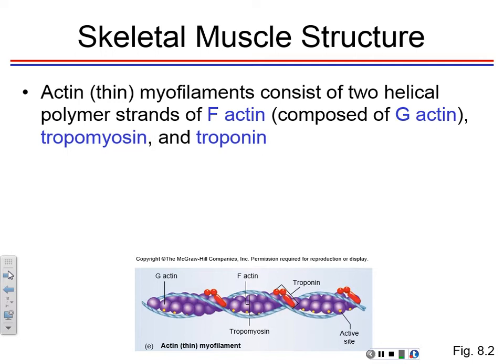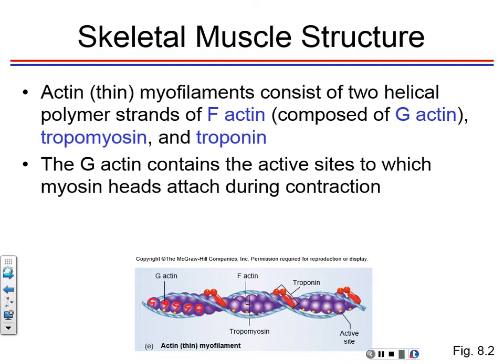And then the globular subunit, globular subunit, globular subunit. That's the G actin. And the troponin is the red one, the 3 subunits. The blue one is the tropomyosin, which is a fibrous protein. So be able to describe the structure of the protein and the function of that protein.